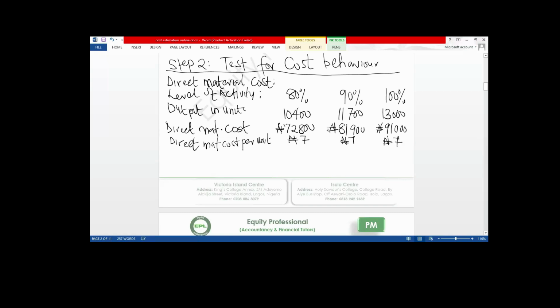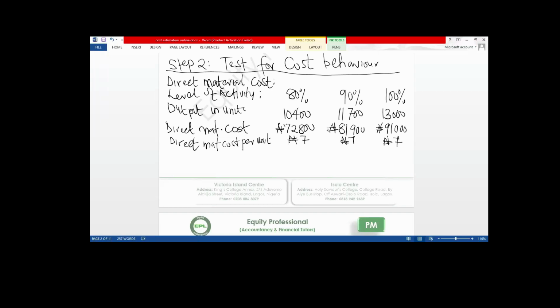Okay. Now you observe that the material cost per unit is the same at all levels. At 80%, material cost per unit is 7 naira. At 90%, material cost per unit is 7 naira. At 100%, material cost per unit is 7 naira.